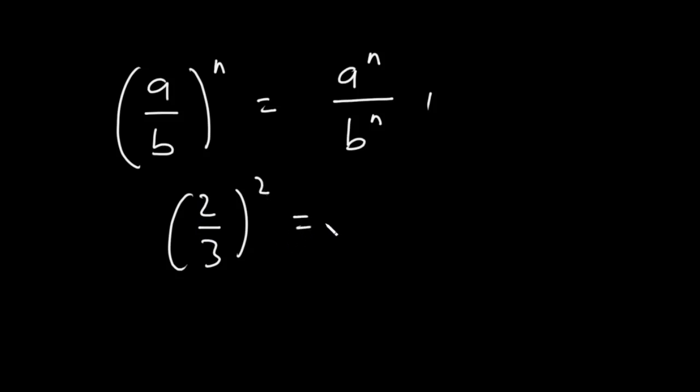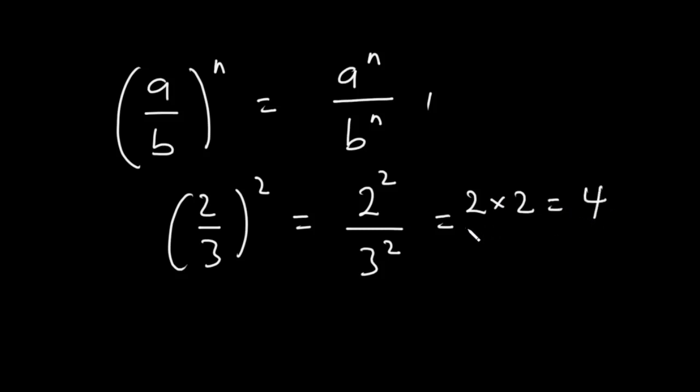Then it means that we are going to have 2 exponent 2 divided by 3 exponent 2. Now 2 exponent 2 is 2 times 2, which is equal to 4. And 3 exponent 2 is 3 times 3, which is also equal to 9. So 2 over 3 exponent 2 is equal to 4 over 9.